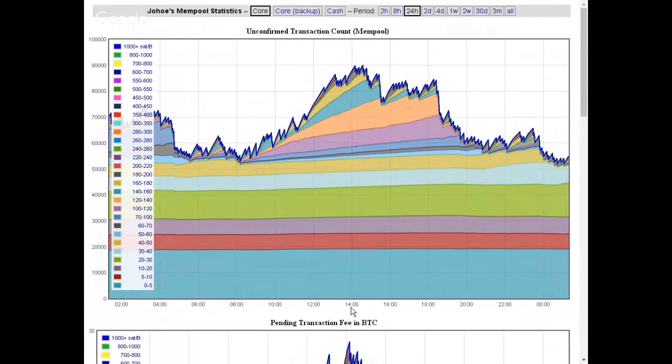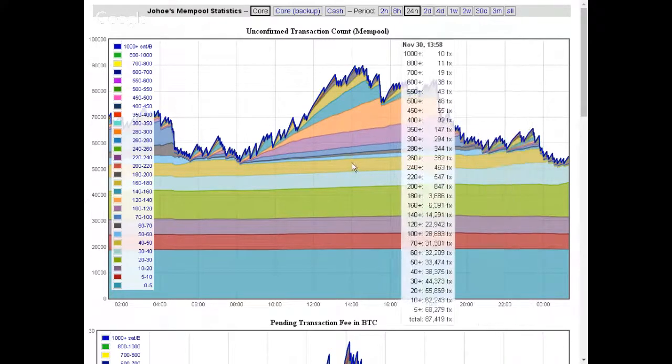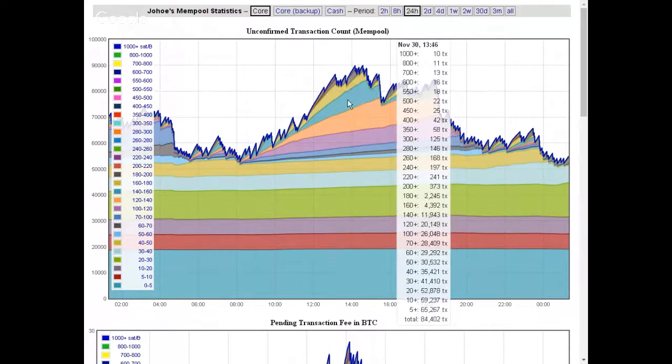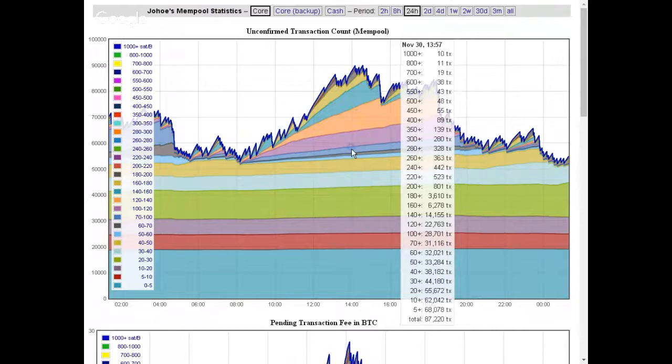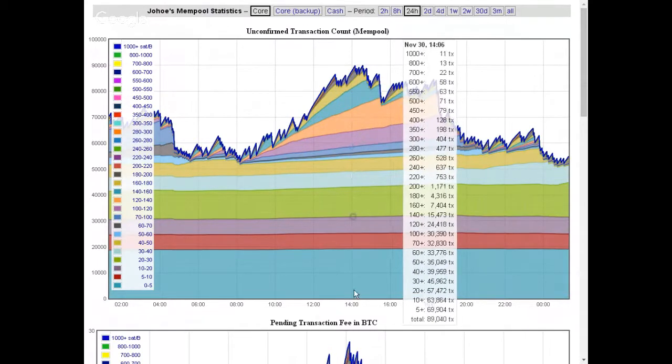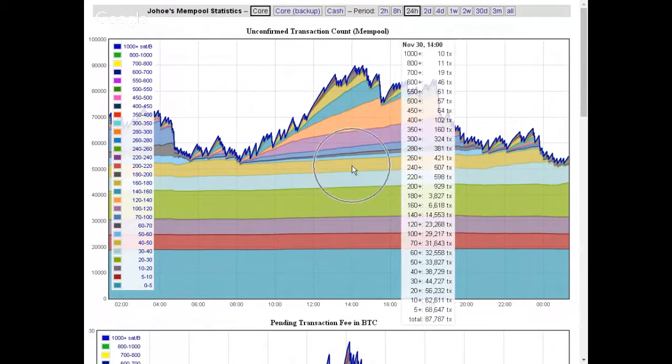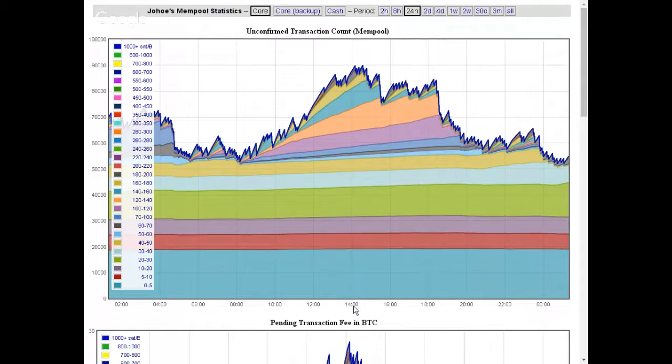If I count from here to the top here, that's about 35,000 transactions by 2 o'clock above this greenish baseline right here. So that's activity in North America, as far as I'm concerned.